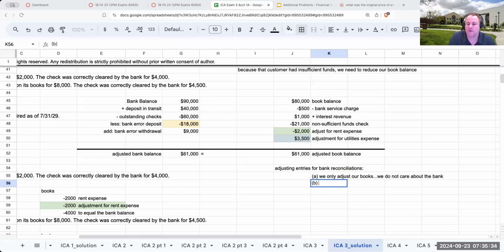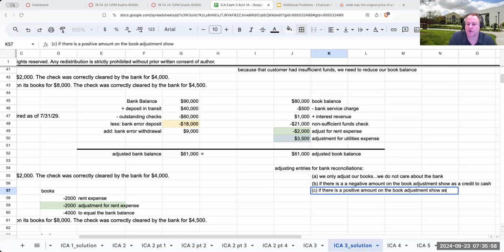B, if there is a negative amount on the book adjustment, show it as a credit to cash. C, if there is a positive amount on the book adjustment, show it as a debit to cash.